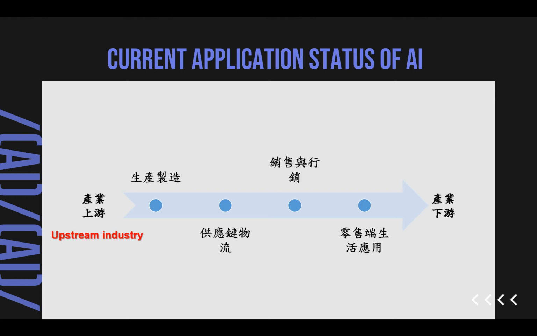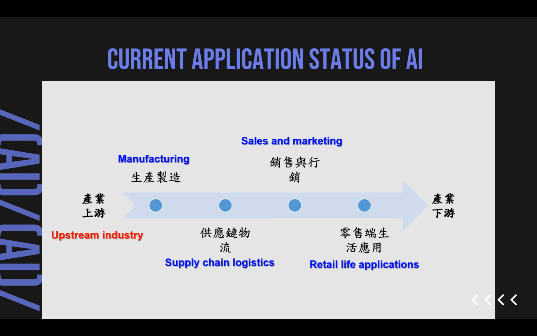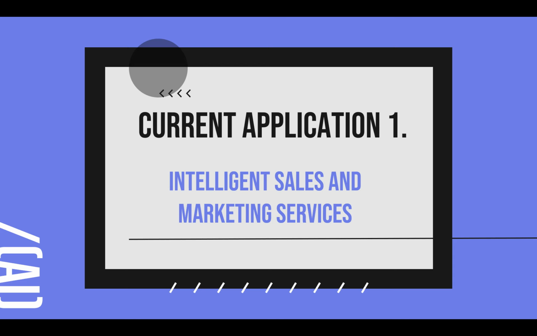For the Chinese, it's called 产业上游. It's upstream industrial and then the manufacturing and the supply chain logistics and sales and marketing and retail life applications, and moves to the downstream industrial.